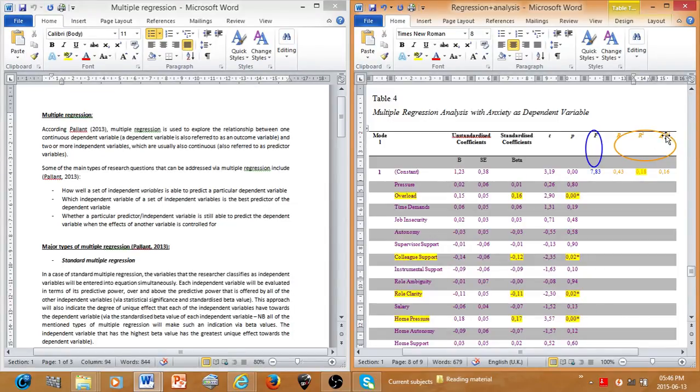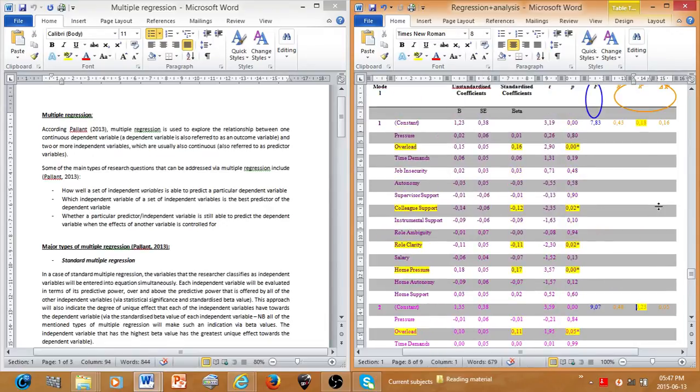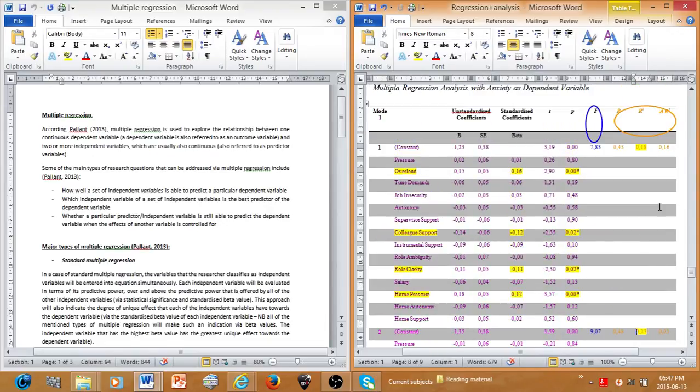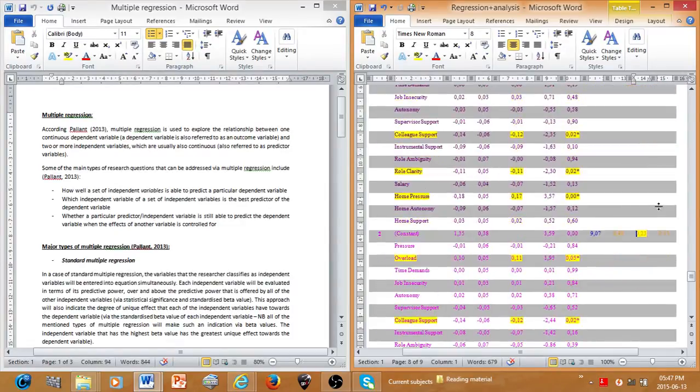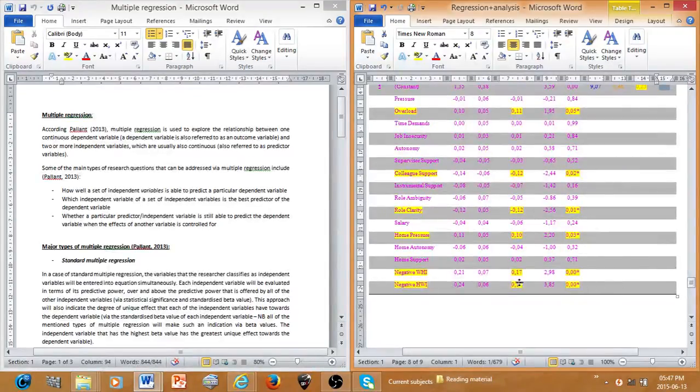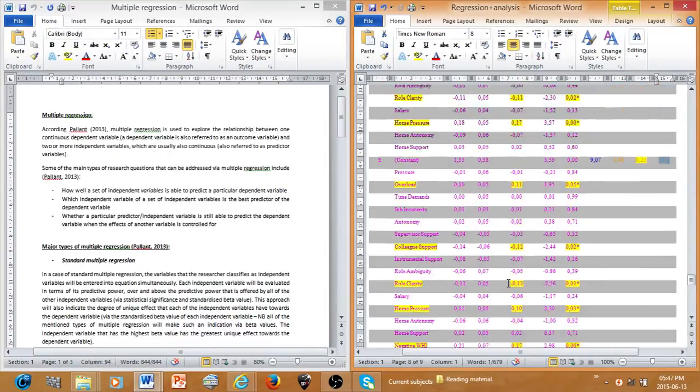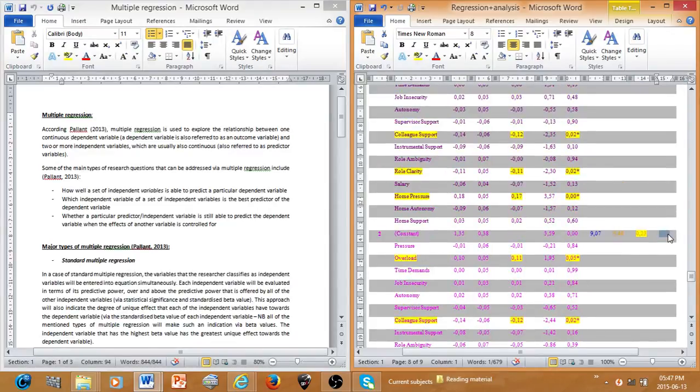So this change sign in front of R squared is called R squared change, and it indicates the additional percentage of variance that can be explained by the new model. Therefore, since this is 0.05, since negative work-home interaction and negative home-work interaction were entered into the model, an additional 5% of the variance in anxiety can be explained or predicted.